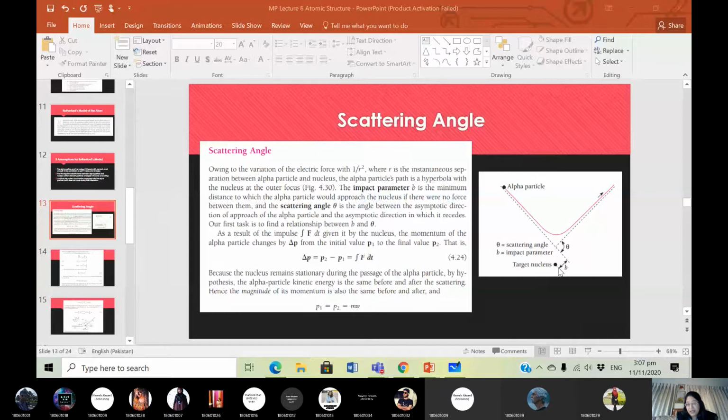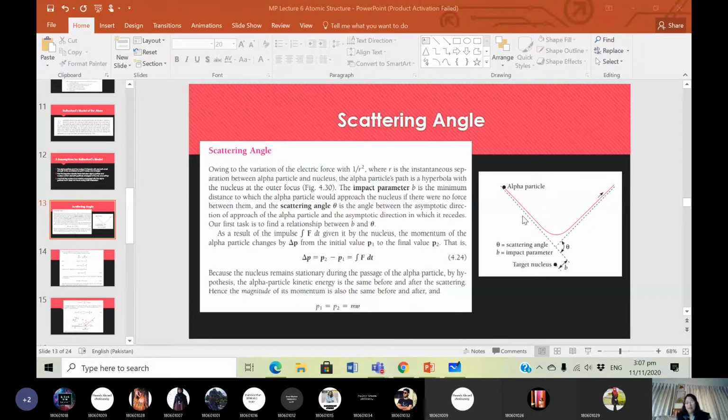So B, as you can see over here, if we extend the incident line, the incident path of the alpha particle, अगर हम इसको extend करें, then the perpendicular distance, the minimum distance between this incident path and the nucleus is known as the impact parameter, which we define as B. It's defined as the minimum distance to which the alpha particle would approach the nucleus if there were no forces between them.